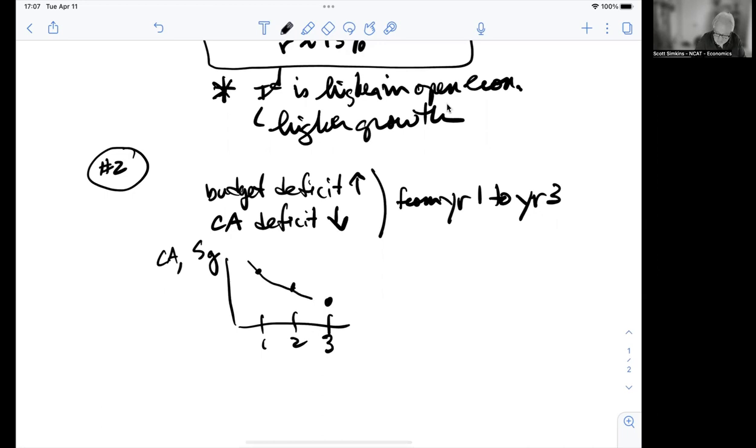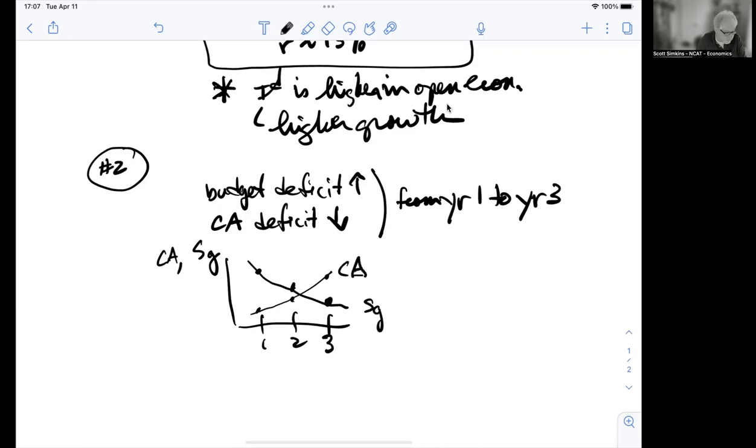So this is what happens to government saving, right? And we see that the current account deficit is going down, but the balance on the current account is getting less negative, and so it's going up.